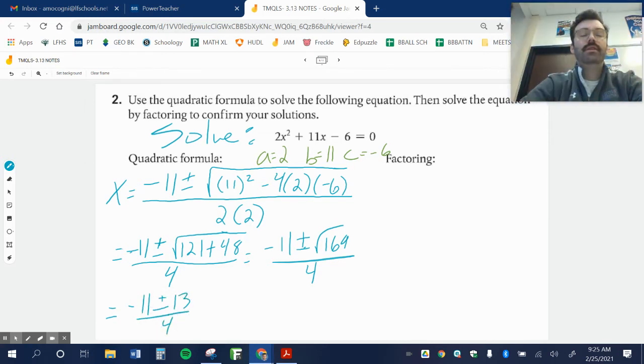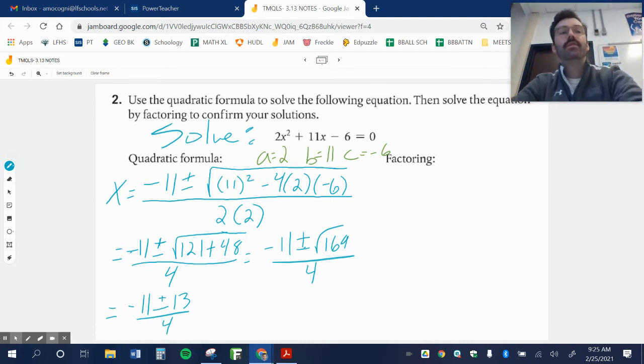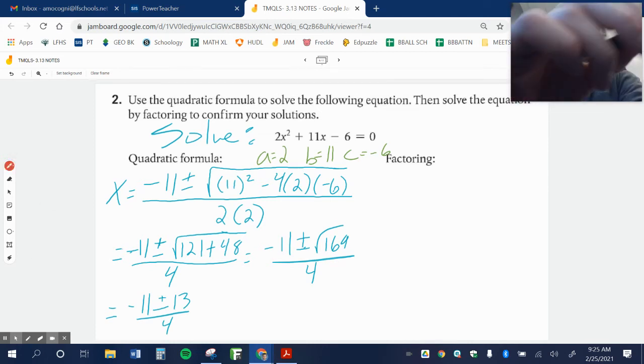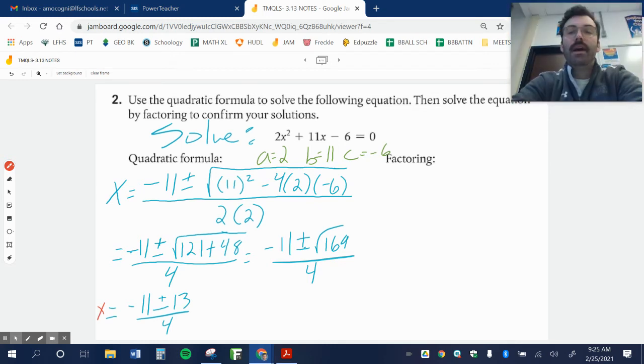So what I need to do now is set up two answers. I have x equals negative 11 plus 13 divided by 4, and x equals negative 11 minus 13 divided by 4.